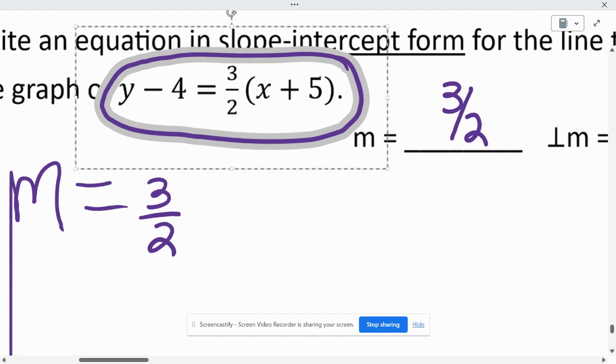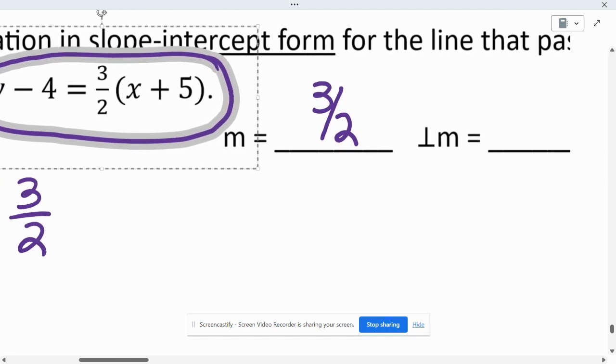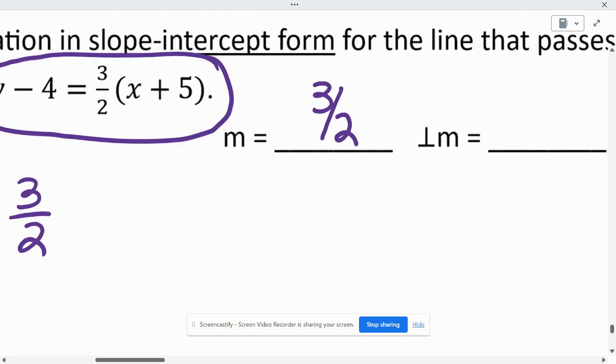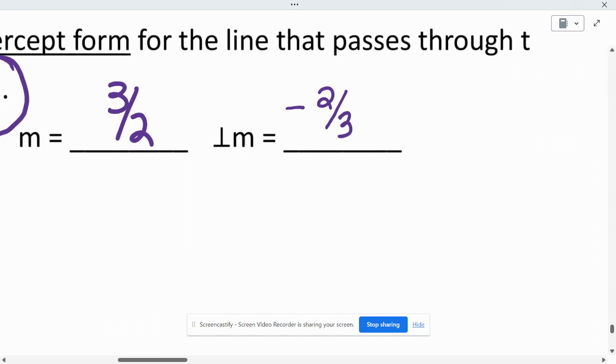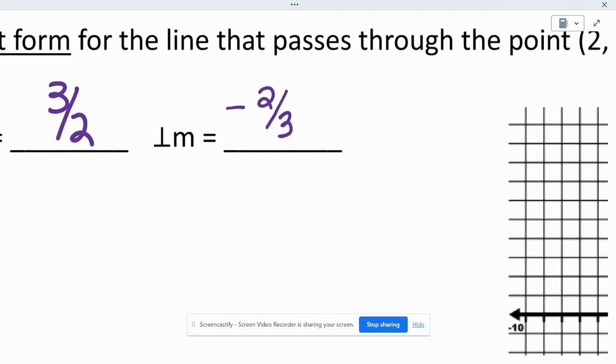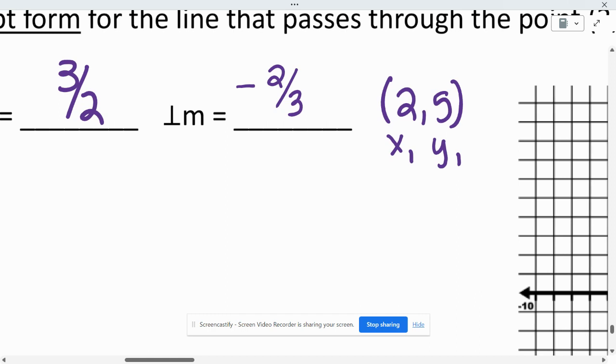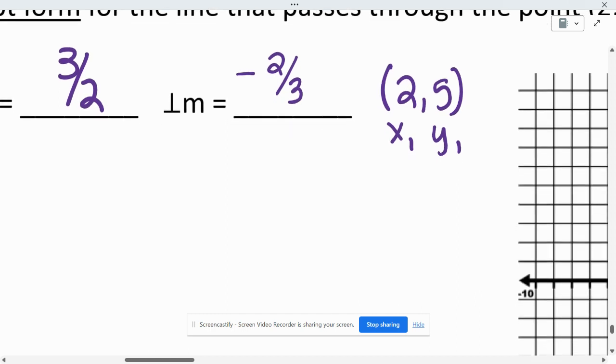Slope is 3/2. So the perpendicular slope is going to be opposite and reciprocal, -2/3. It's passing through the point 2,5. So let's write that in point slope form. This is x1 and y1. Who feels like they can do that without me writing point slope form out again? Y minus y1. Kian, you got it?